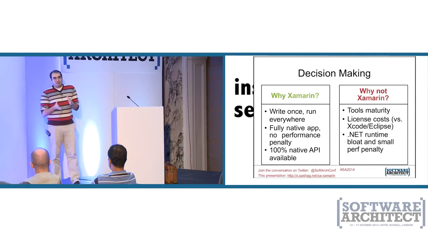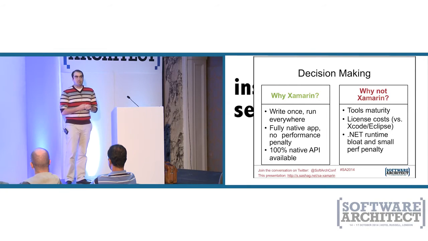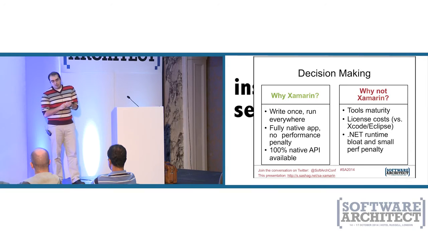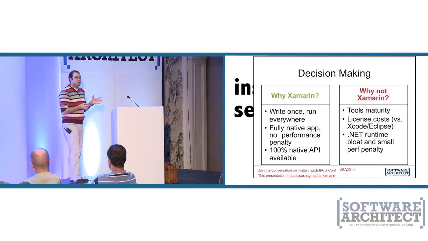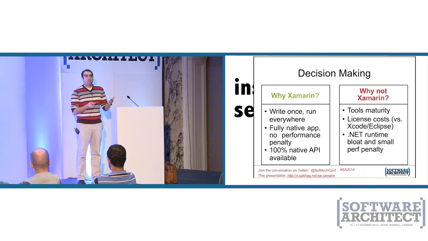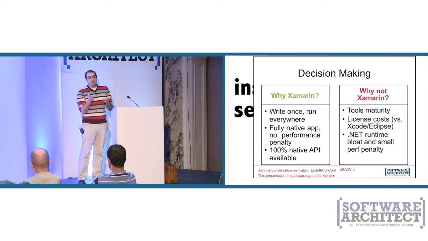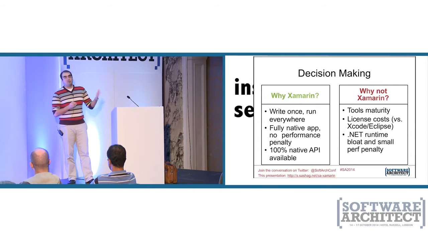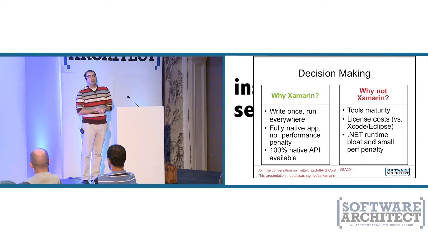Xamarin isn't free. There is a free license that you can use for demos to build very, very simple applications. There is an indie developer license, which also has some restrictions. There is some licensing program for open source projects. But for most purposes, you and I are going to need either the business or enterprise licenses. And these are pretty expensive. These are thousands of dollars a year per developer, usually.